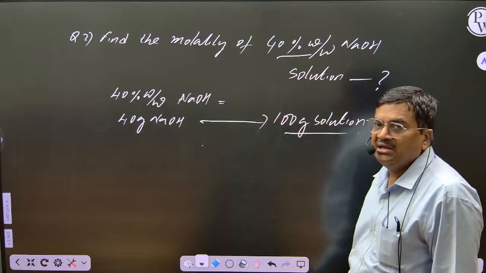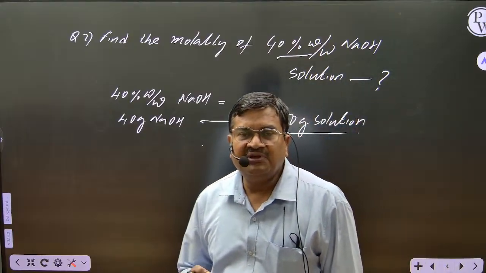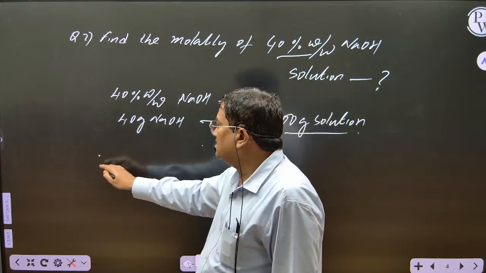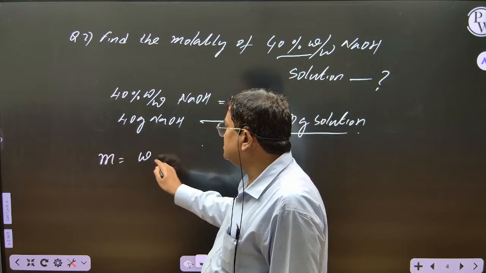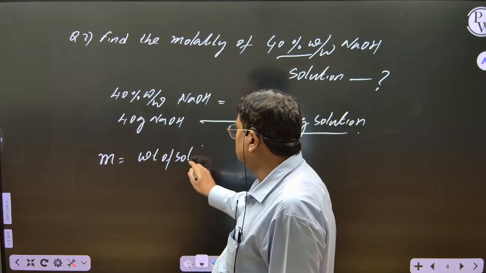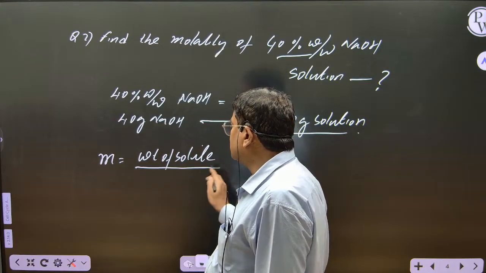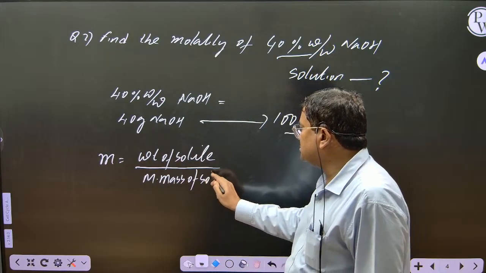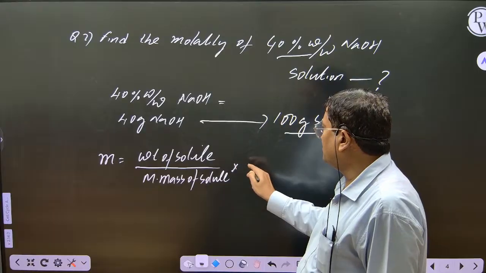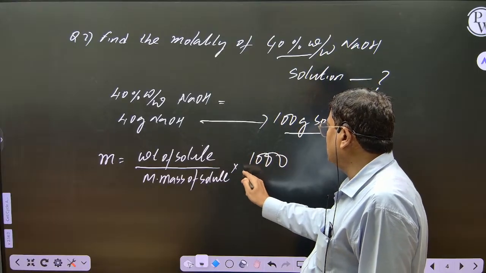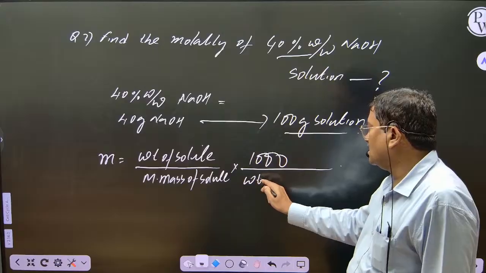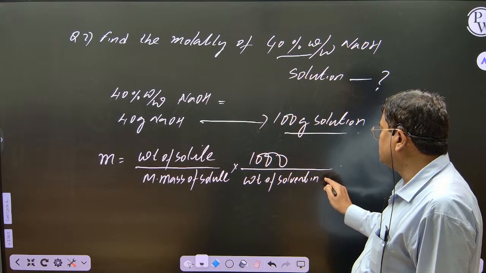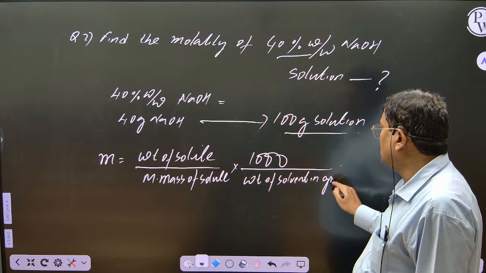But to get molality, we require the weight of solvent. Are you getting my point? To find molality, what is the relation? Weight of solute upon molar mass of solute, into 1000 by weight of solvent in grams. But has he given the weight of solvent directly?